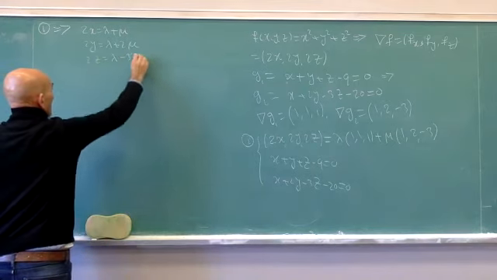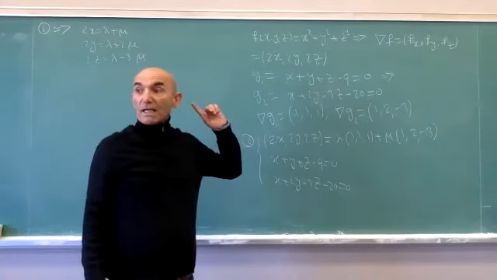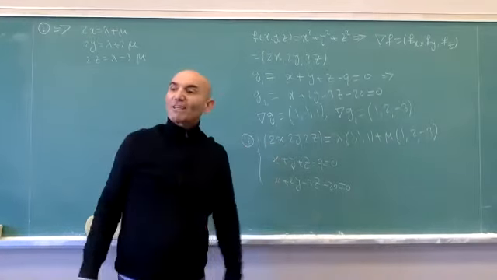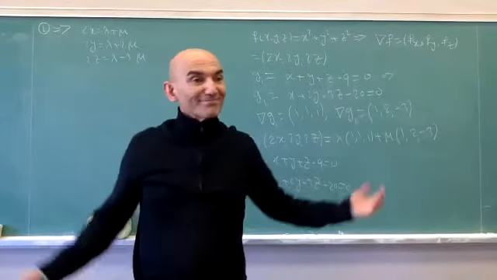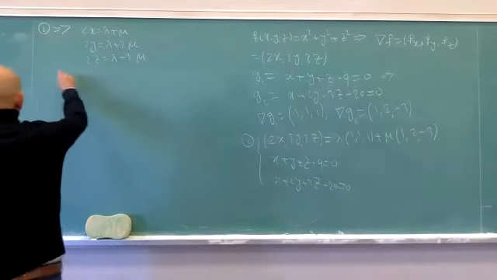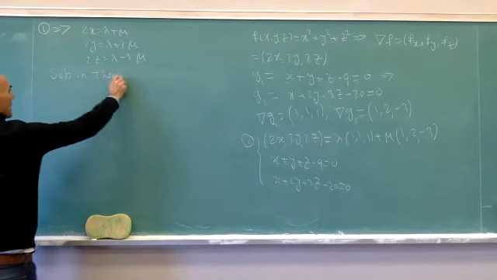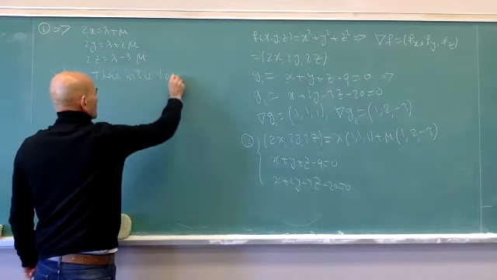Now what we have to do is substitute these three values into the last two equations, and then we get two equations and two unknowns. That's nice, right?